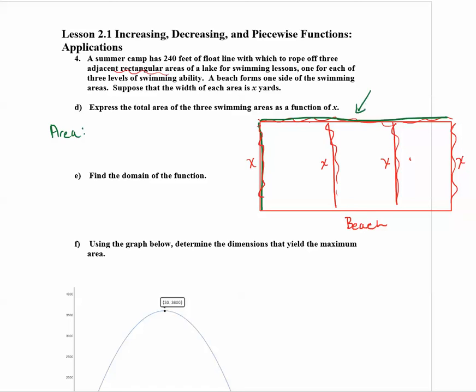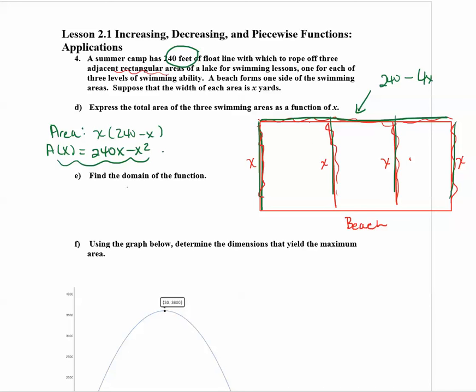So my total length is going to take the total feet that I have of rope, and I have to subtract off the rope I've already used, and I've used 1, 2, 3, 4 sections of rope for X. So 240 minus 4X is going to be the length. So the area is X times (240 minus 4X). So A of X equals 240X minus 4X squared is the area of the entire swimming section.